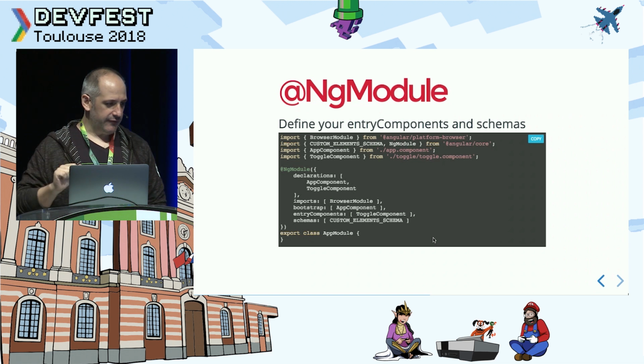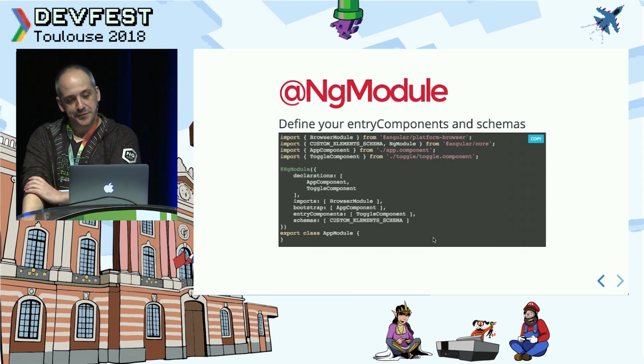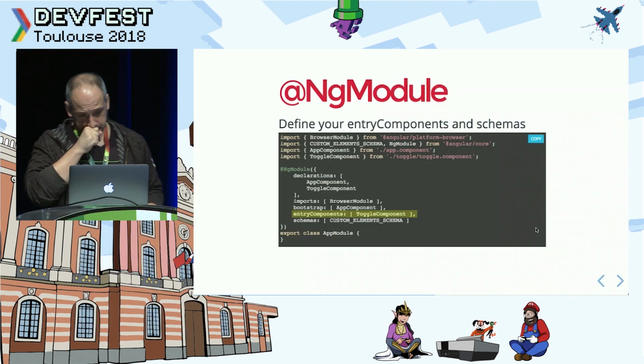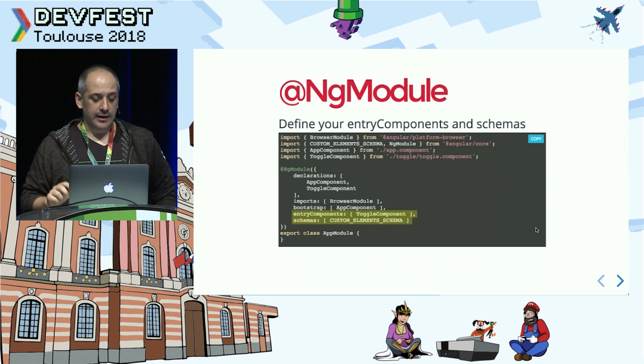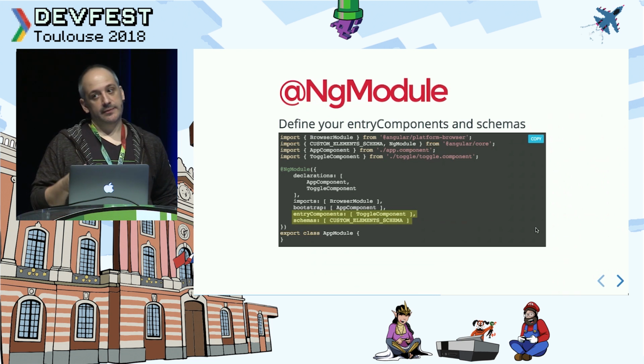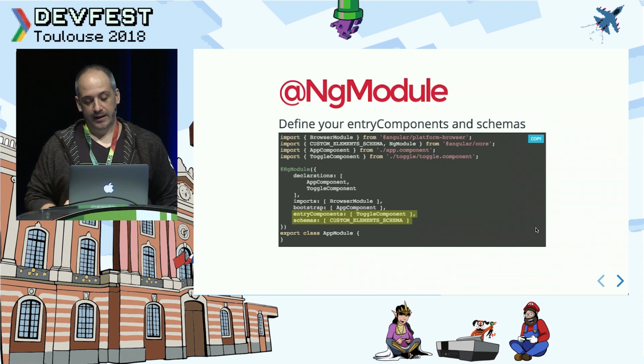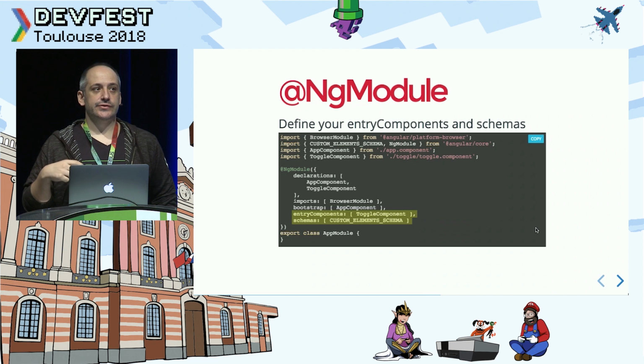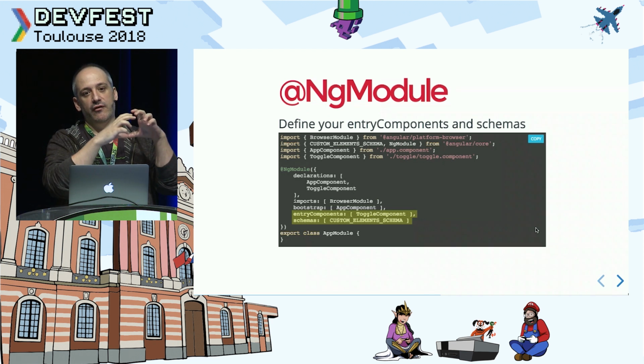So things that we have to keep in mind when we define our new web component: first, you have to define your entry components. Your entry components are going to be your Angular components that you want to export as web components. And also the custom elements schema. The custom elements schema is what Angular uses to know that this part of the HTML markup is not Angular.